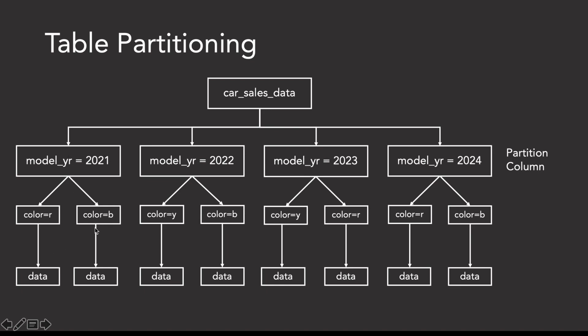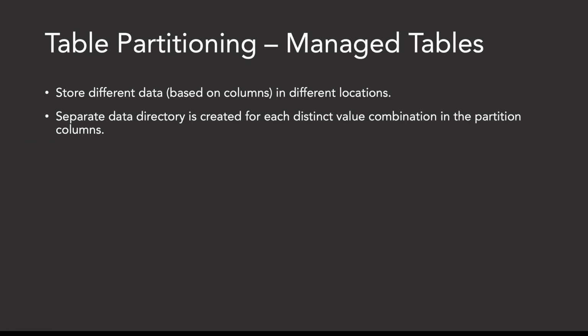So model year 2021 and color blue would give you one more smaller dataset. Model year 2022 color yellow would boil down to again a smaller dataset. So that's how you can have a separate data directory for each distinct combination in the partition columns.